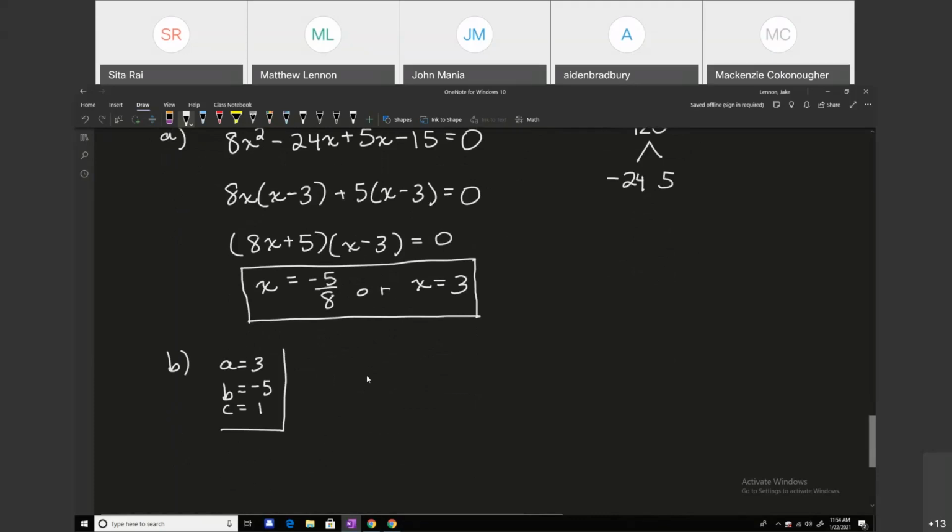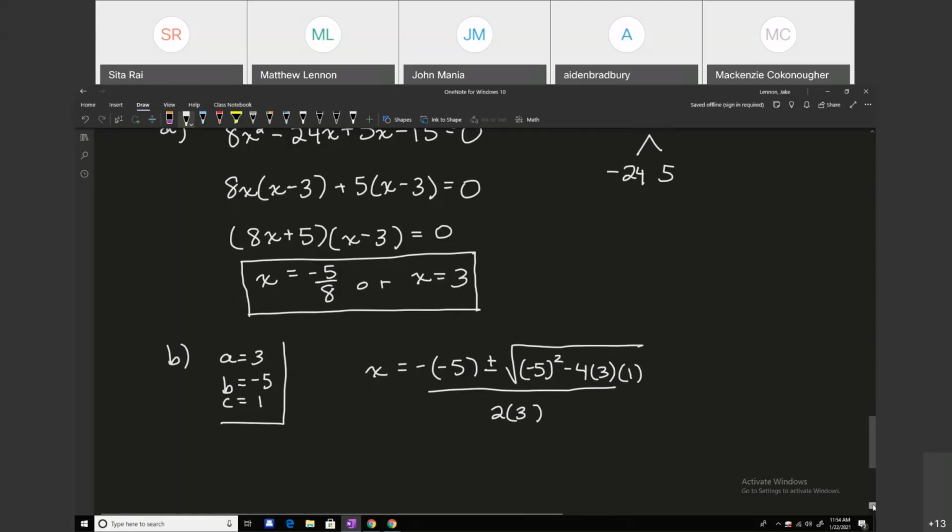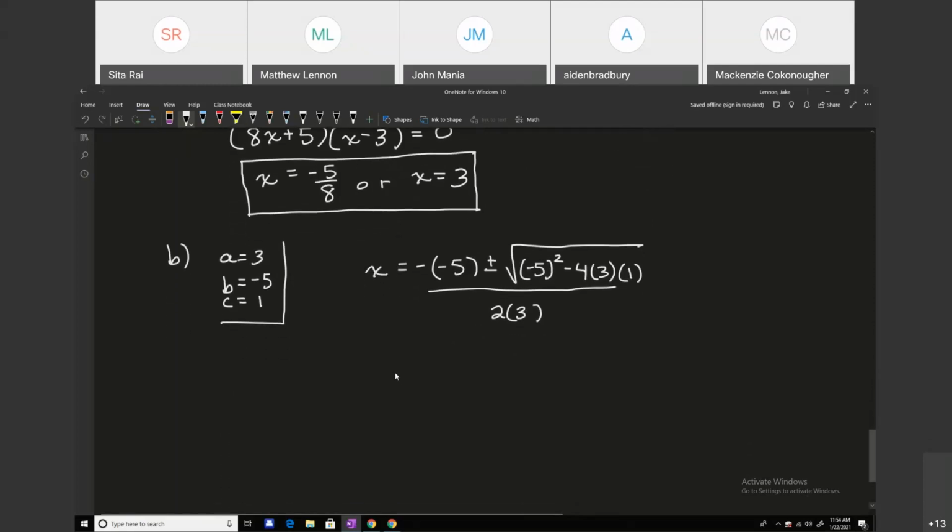So we end up with x equals the opposite of minus 5, plus or minus the square root of, remember the parentheses, minus 5 squared minus 4 times 3 times 1, all divided by 2 times 3. So we get x equals 5 plus or minus the square root of 25 minus 12. So that's 5 plus or minus the square root of 13, over 6.